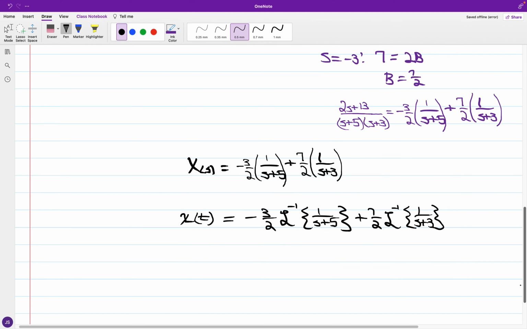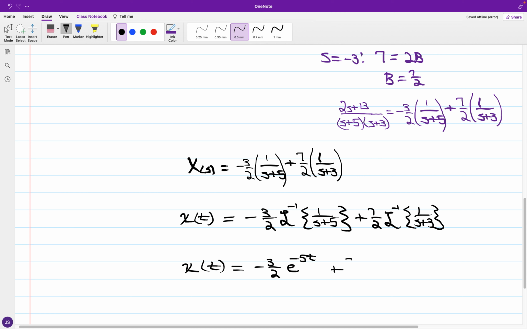For the reciprocal of first order binomials in s, we're going to have e to the at. In this case for the first term, s plus 5 is s minus negative 5, so the a value is negative 5. So I'm going to have negative 3 halves of e to the negative 5t.